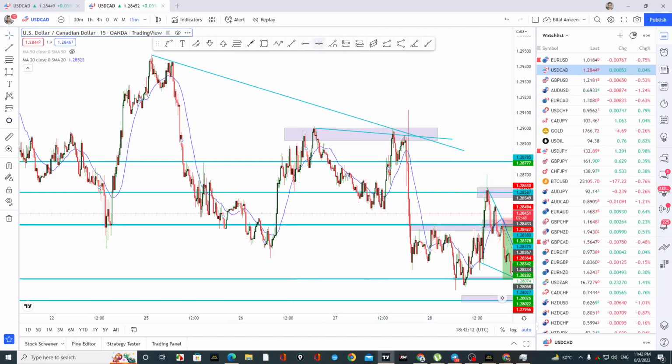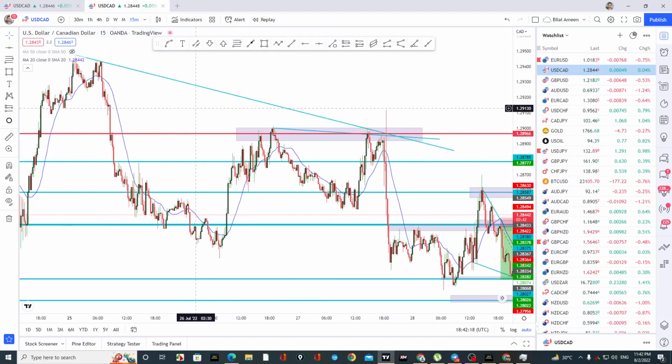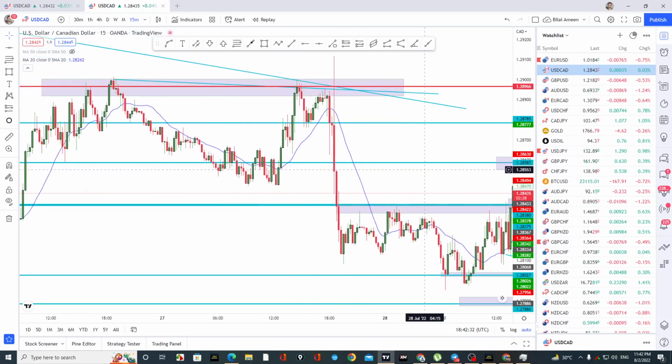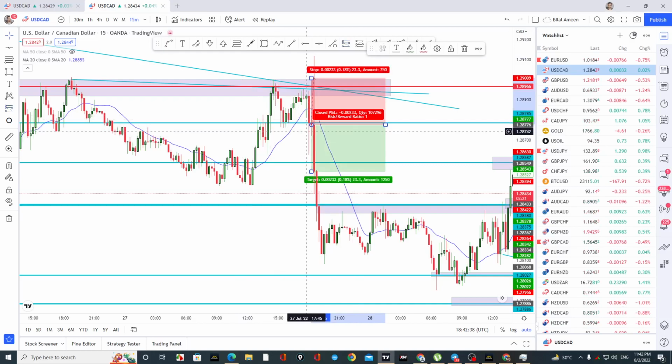So now we will draw our resistance level. So as we can see, market keeps closing at this level below our moving average, plus our supply zone, plus our resistance level, plus our trend line. So at this level we will take a sell entry in a market.